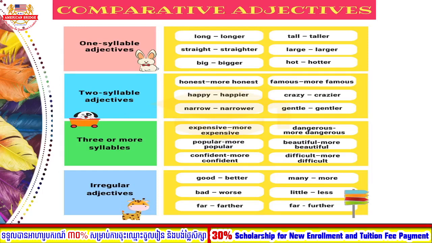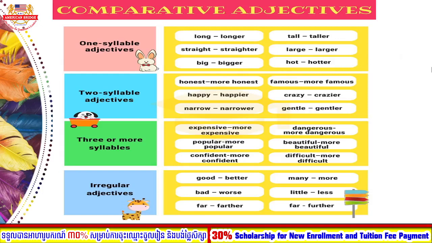So when you use it in comparative adjective, you need to change it to bigger, B-I-G-G-E-R. It means you need to double the consonant, and after that add er, right? Look at this one also, hot. In hot, O is a vowel and T is a consonant, so we need to double the consonant and add er.